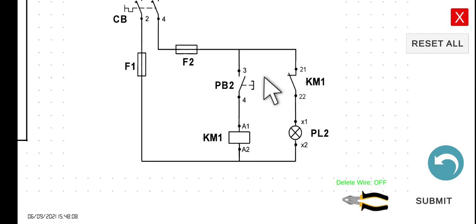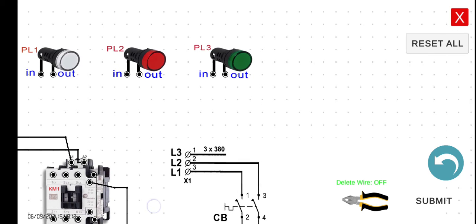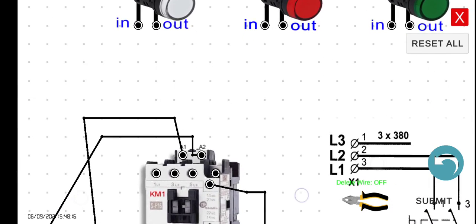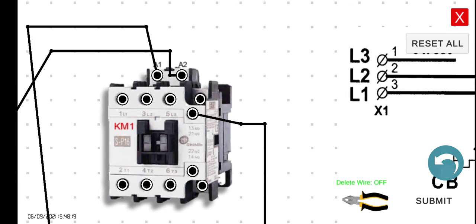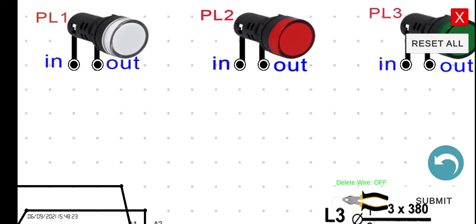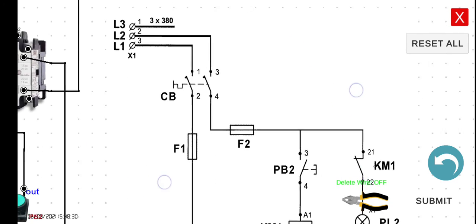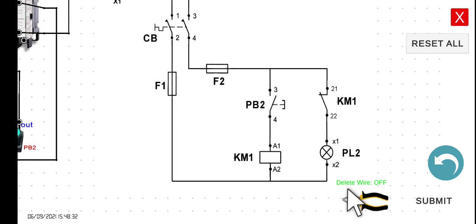Next, the 22 will be connected to the input of our PL2. Our PL2 here is this red one. The output of our PL2 can be connected to the A2 of the KM1 or the output of our fuse 1.